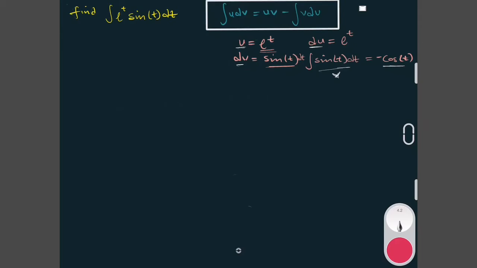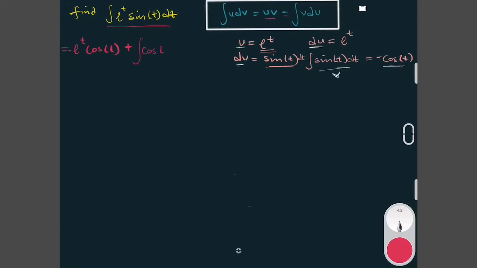So we have this is equal to uv. So we know u is e to the t. uv is the negative cosine, so we put the negative here and we write cosine of t. And we have minus the integral of v, which is negative cosine of t. Since it's a negative cosine, it's changed to a plus.